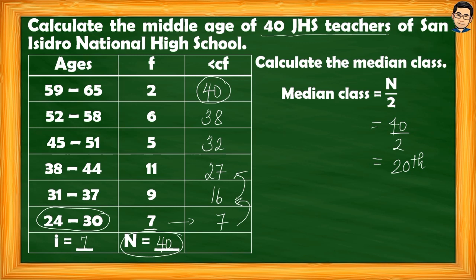So, located po dyan yung 20th score. Ibig sabihin, yung median class natin ay located po dito sa 38 to 44. So, dyan po natin makikita yung hinahanap nating median, yung middle age.